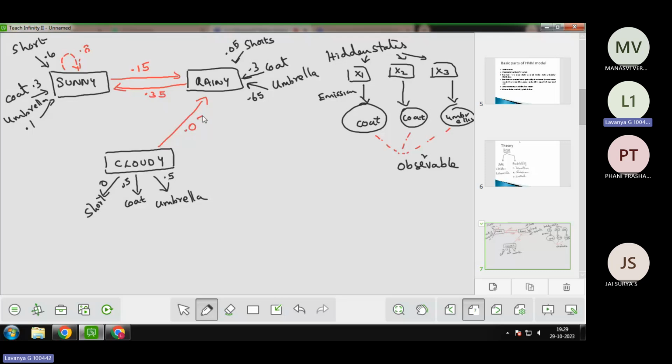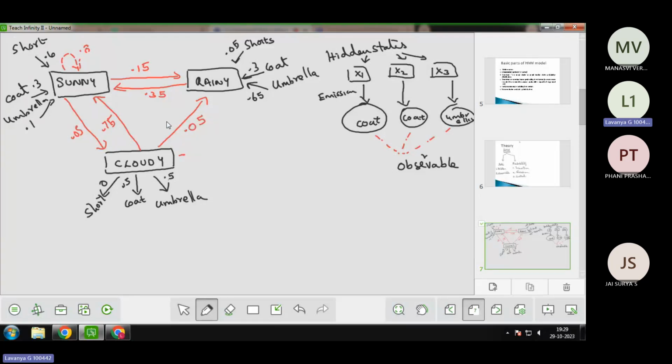Here the probability is 0.05. From cloudy to cloudy, then similarly from sunny to cloudy is 0.05, and cloudy to sunny is 0.75.